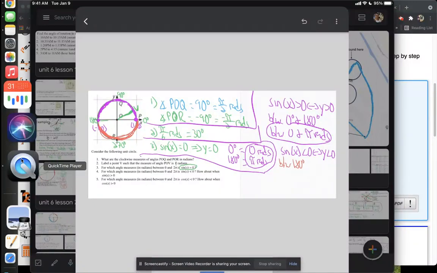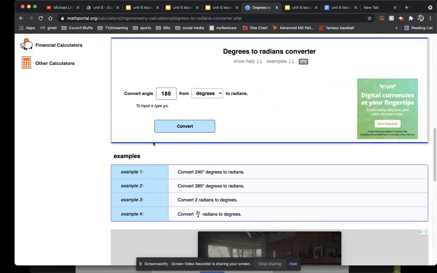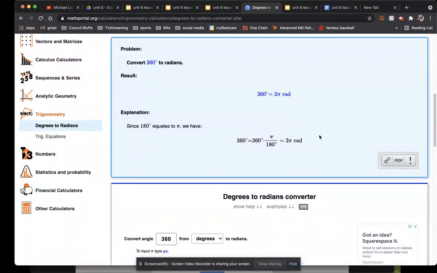So in radians, that would be between pi radians, and we have to convert 360 degrees to radians. That would be 2 pi radians.